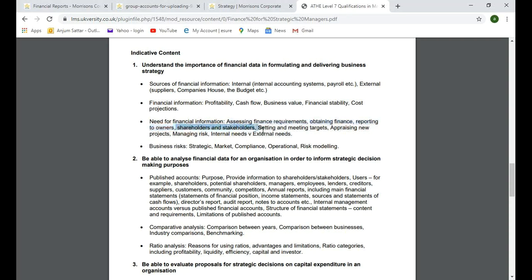We look at stakeholders and meeting their targets. In our organization, we have to meet the targets to fulfill the expectations of the stakeholders. Stakeholders means anybody who has any interest in the business. Internal, external needs, all of this will be the focus of our discussion.